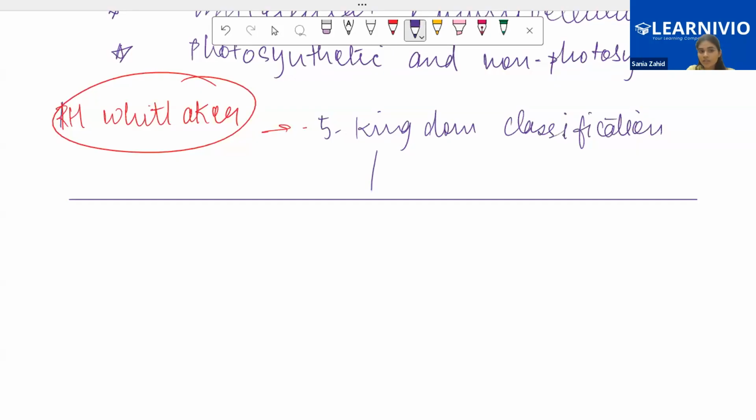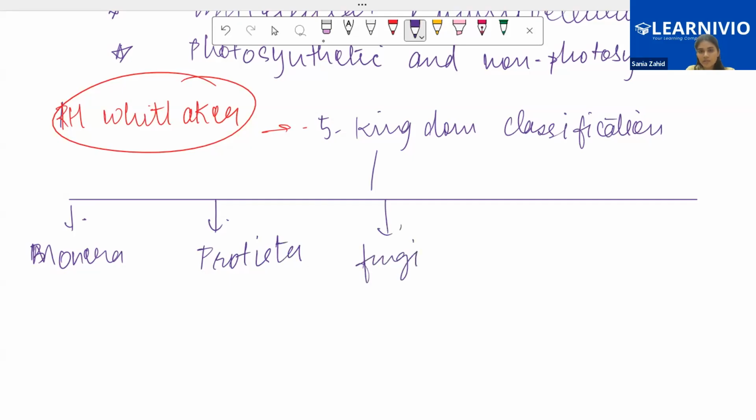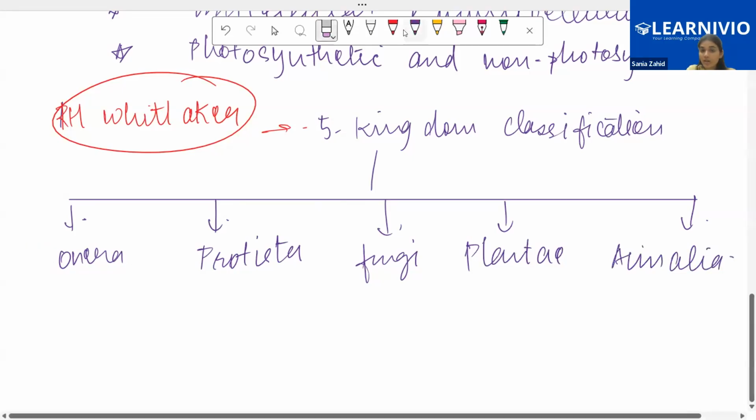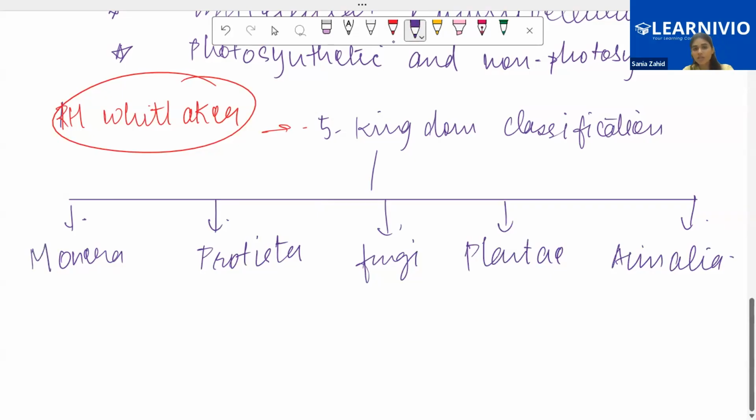Bacteria or Monera, Protista, fungi, plantae, and animalia. So these were the 5 kingdoms that were proposed by R.H. Whittaker. Which were Monera, Protista, fungi, plantae, and animalia. You need to remember these things.